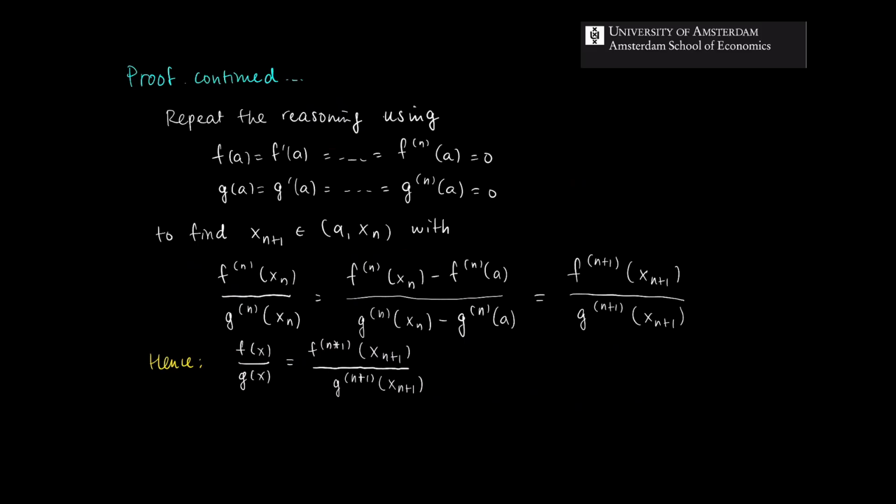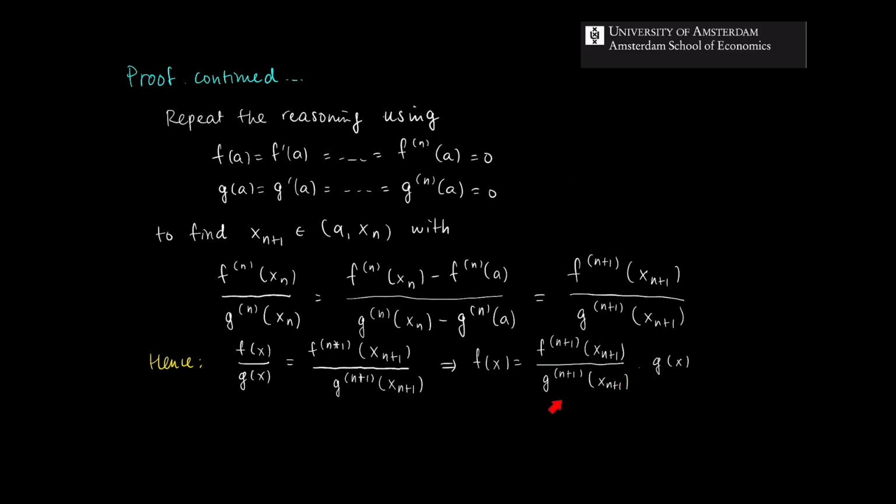From this one we get that f(x) equals, multiplying the left and the right by g(x), the constant: the (n+1)th derivative of f in x_{n+1} divided by the (n+1)th derivative of g in x_{n+1}, times g(x).